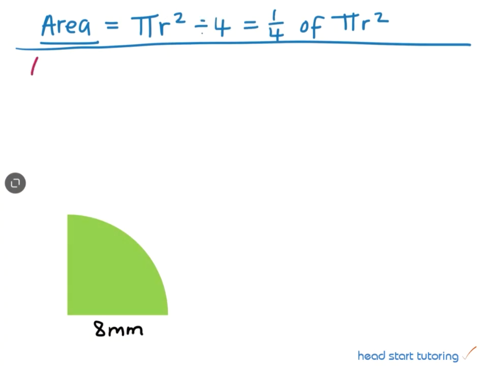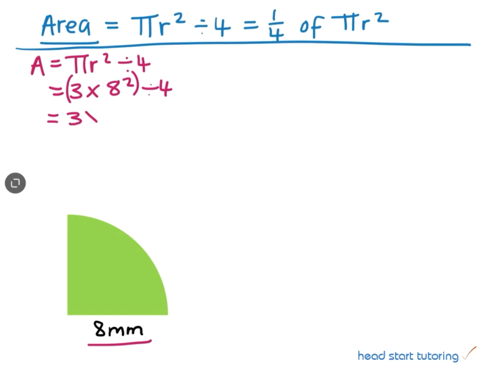So let's now work out the area of this quarter of a circle using pi equal to 3. So pi r squared divided by 4 equals to 3 multiplied by our radius, which is 8 squared, and we divide that by 4. We will always do our full area first.